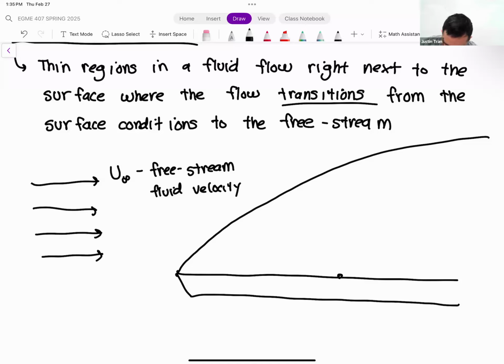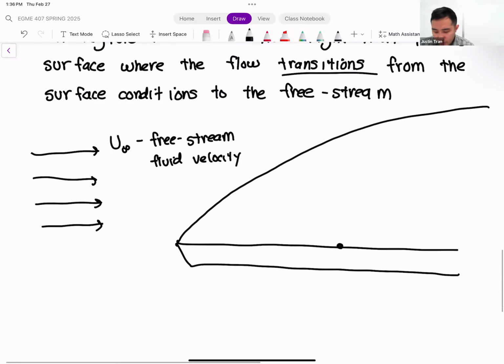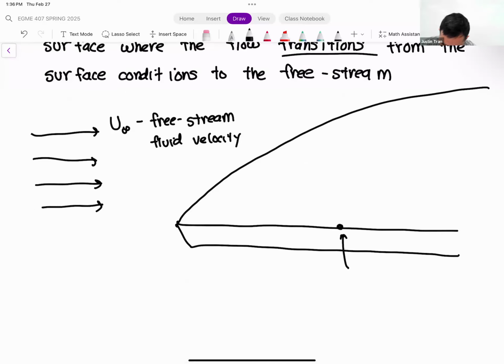On the one hand, one thing that has to occur because your surface is stationary is that the fluid immediately touching the surface also has to be stationary. We call this the no slip boundary condition.